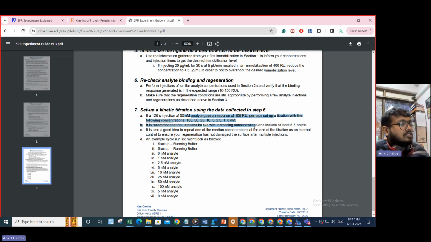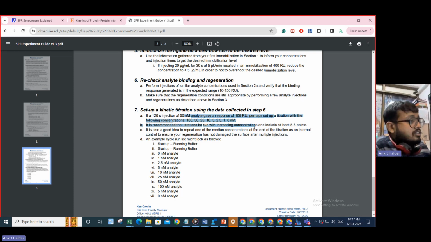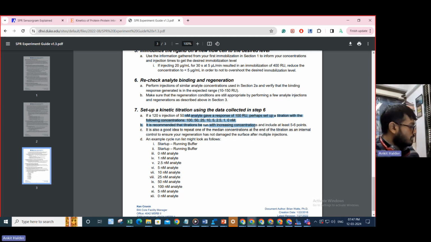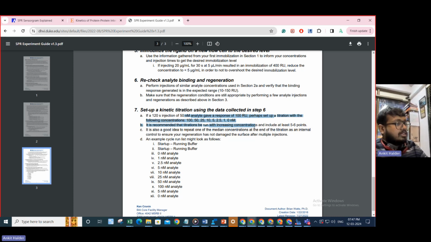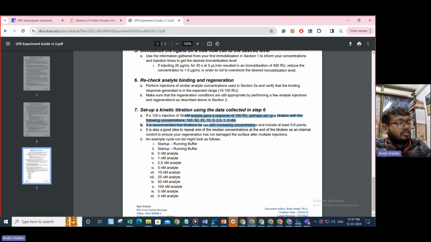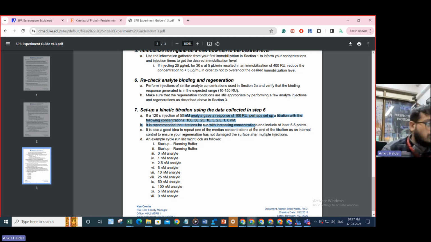Titrations run with increasing concentrations. Start with 0 nanomolar analyte, then 1 nanomolar analyte, 2.5 nanomolar, 5 nanomolar, 10 nanomolar, 25, 50, 100, and 0. So this is how the setup and the experimental condition should look.